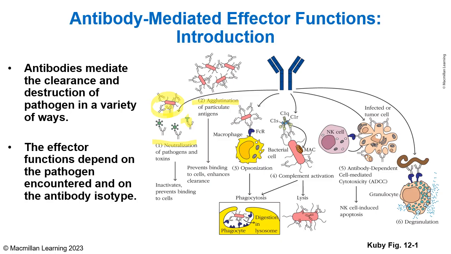When you're talking about agglutination, let's say this guy here is neutralized, but now you're going to get a lot of those guys stuck together in a clump, so that this whole clump can be dealt with, and this whole thing can be destroyed together. So agglutination is just clumping stuff together, of your antibodies and your antigens.